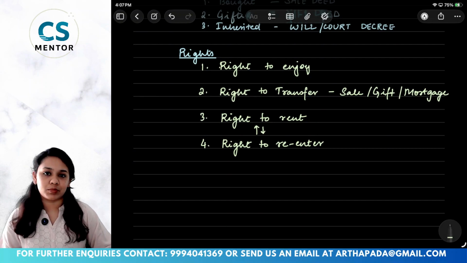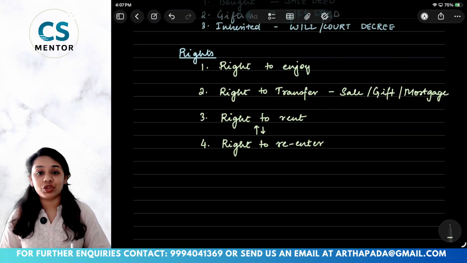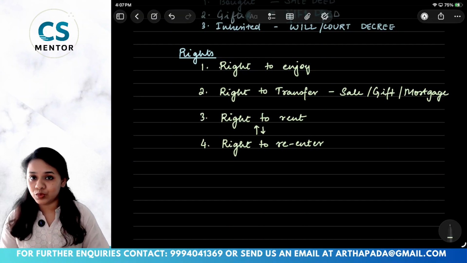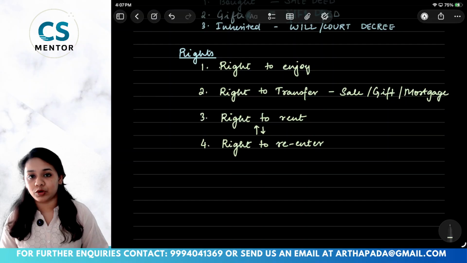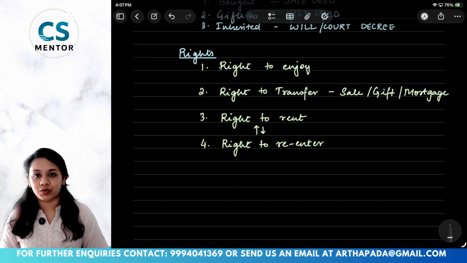Why? Because it's my property. Yes, it is your property, but at the time of renting out, you are not allowed to enter your own property without certain permissions, right? So that is why at the time of renting, you are the owner, but you don't have possession over your property. Who has the possession over the property? The person who you rented it out to.